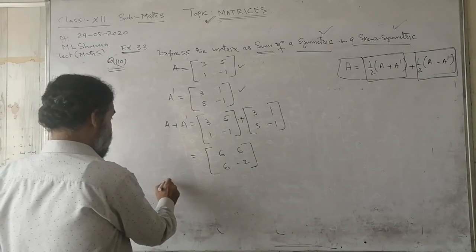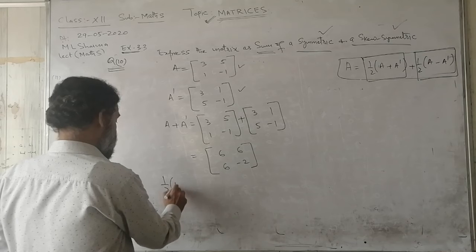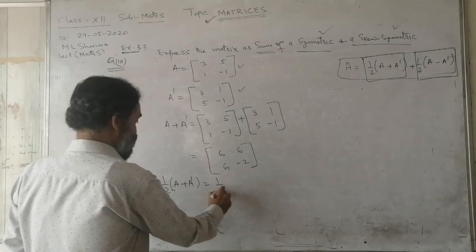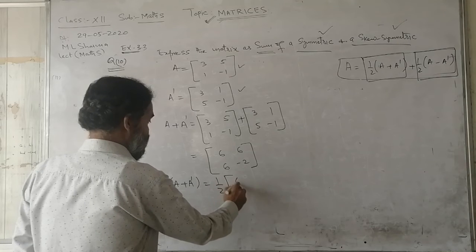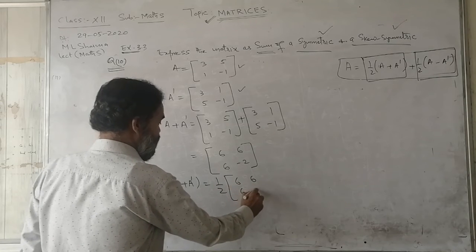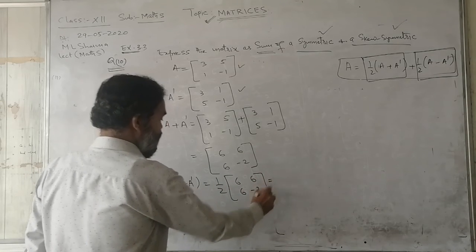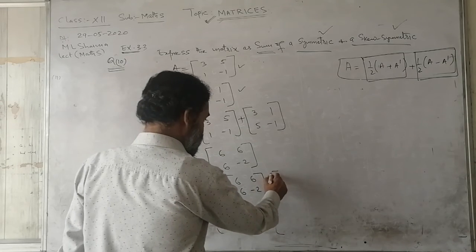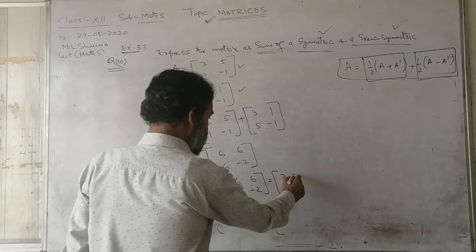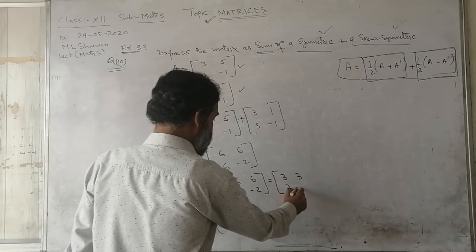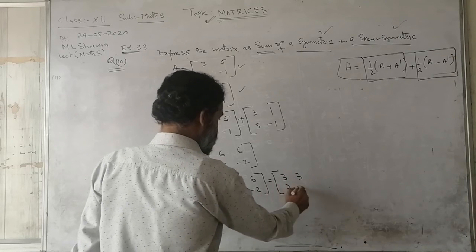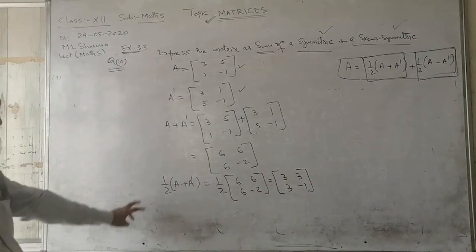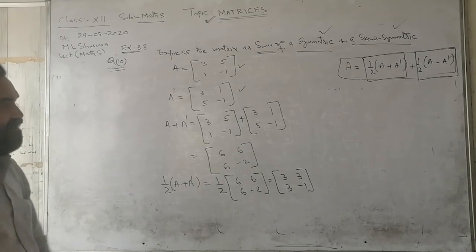Now if I take half of A plus A transpose, this will be half times 6, 6, 6, minus 2. This is the case of scalar multiplication. So this is again a matrix: 3, 3, 3, and here minus 1. This is the value of half of A plus A transpose.